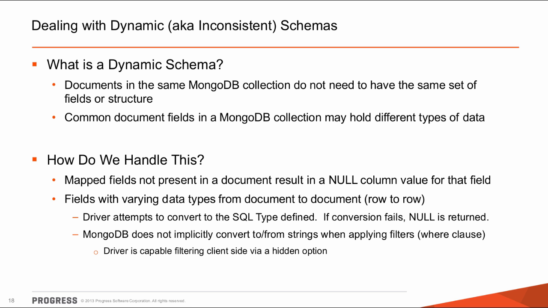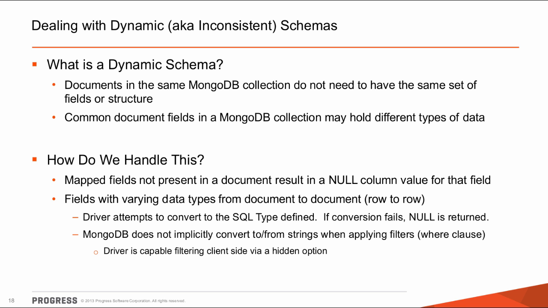The reality is that application is going to expect some particular JSON document structure, but the point is that MongoDB itself does not care. So what happens where there are differences in the document instances stored in a collection, in the sense that documents don't need to have the same set of data in them, or even the same structure, or that the common fields in those documents may hold different types of data?